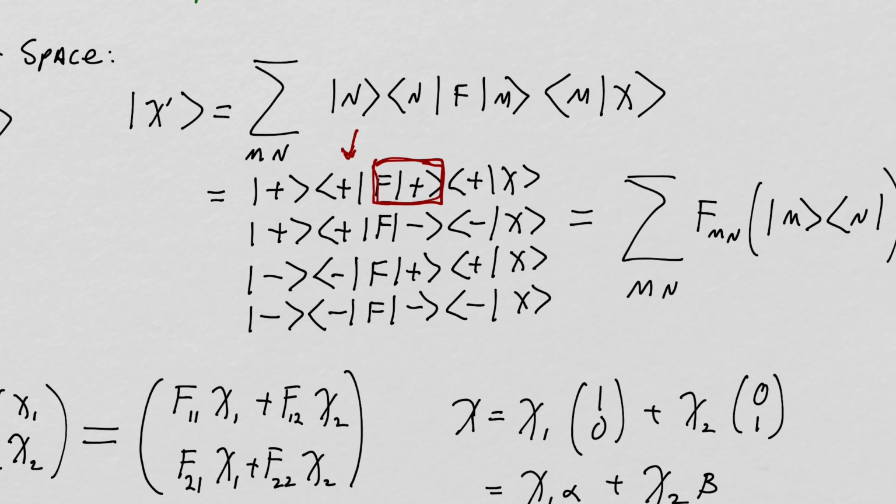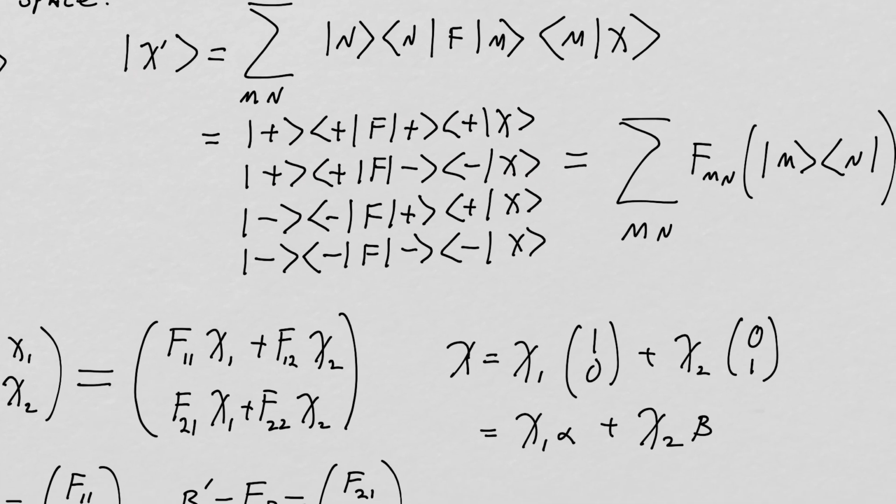So this is a complex number times a complex number, and that becomes a complex number times a ket. So this ket is composed of this complex number times that ket there, and then this complex number times the same ket. So you can add these 2 together, and you apply it to the basis ket, and that becomes one component. The sum of this and this becomes one component of chi prime.